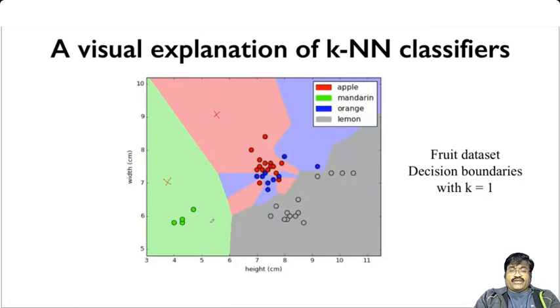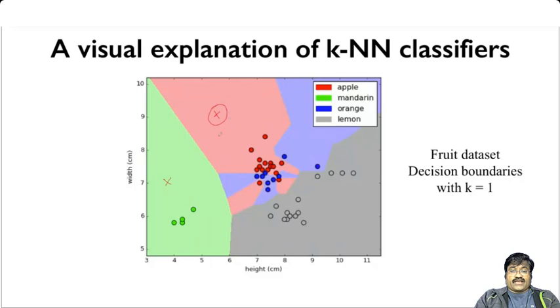So what does it mean to have a one nearest neighbor? Where did it come up with these different class assignments in the first place? Well, let's take a look at the apple example over here.